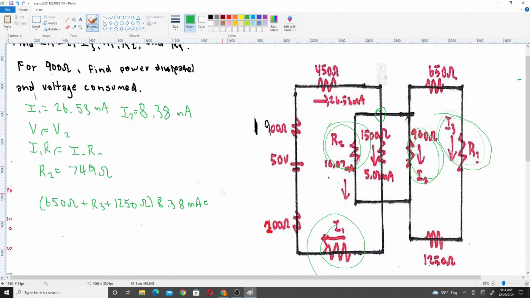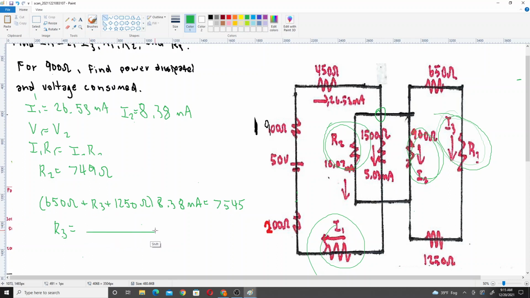But we've done that product a few times already, so I'm just going to go ahead and put 7,545. So I'm going to solve for R3, just do some algebra.